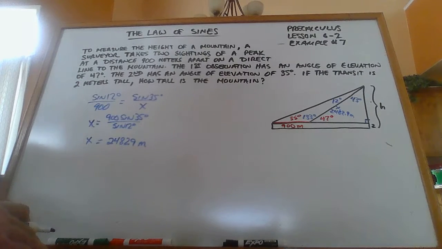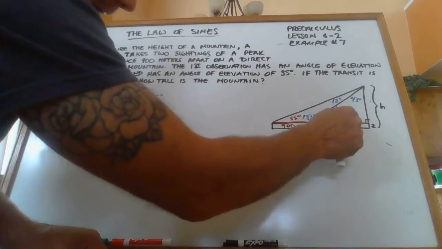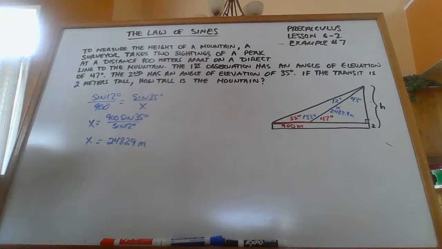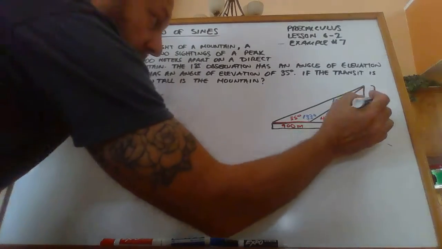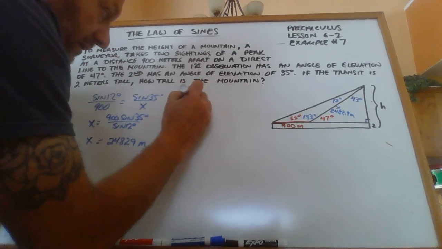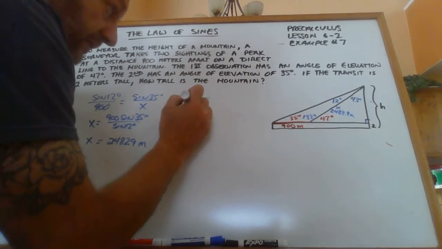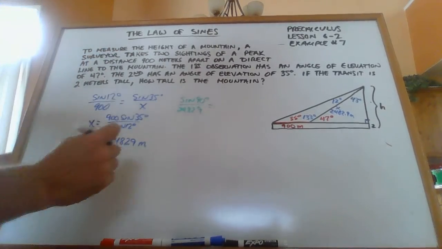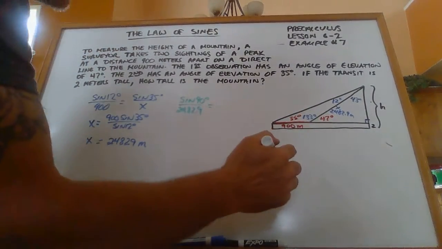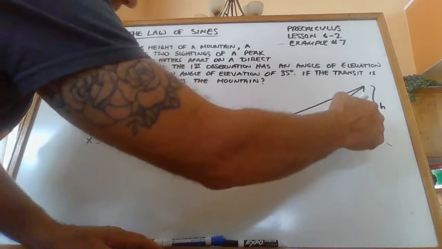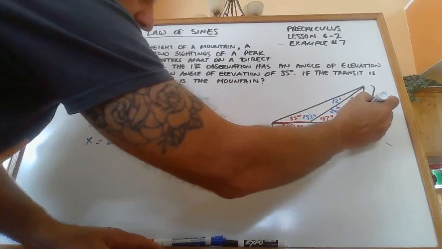Now in the smaller triangle here, I now have a side across from an angle, so I can use the law of sines again. Let's say the sine of 90 divided by 2,482.9 is going to equal, I want this over here, so we'll call this y.